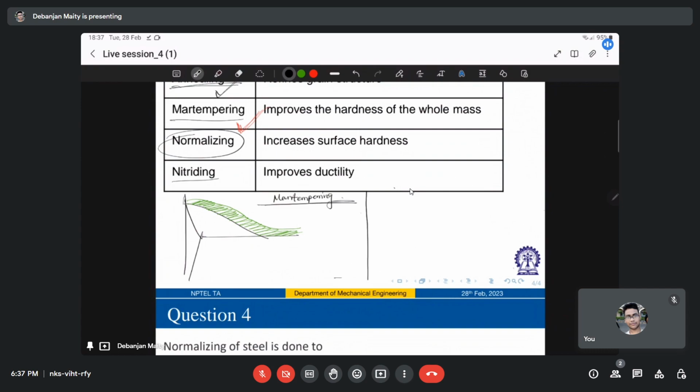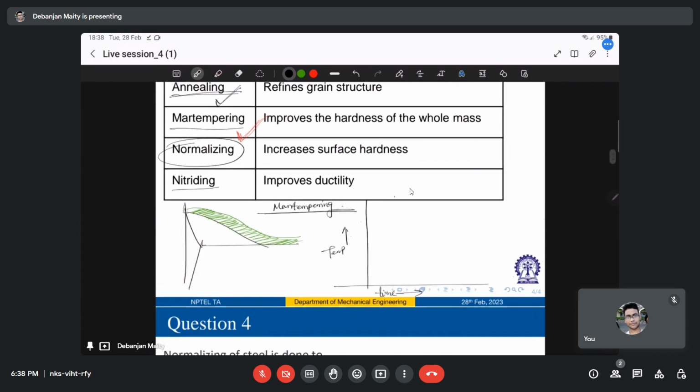So let's say this is your time, let's say this is your temperature, and let's say this is your upper critical temperature from where transformation starts from austenite, and this is your C curve.